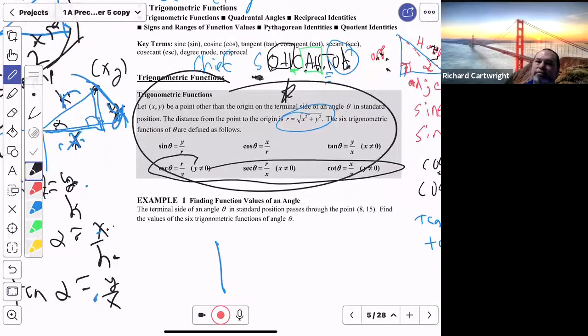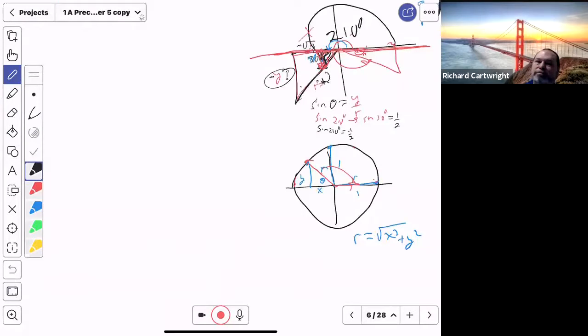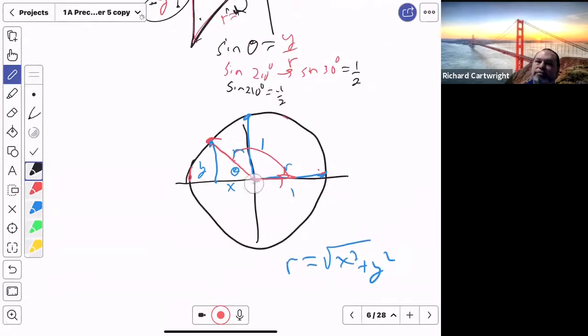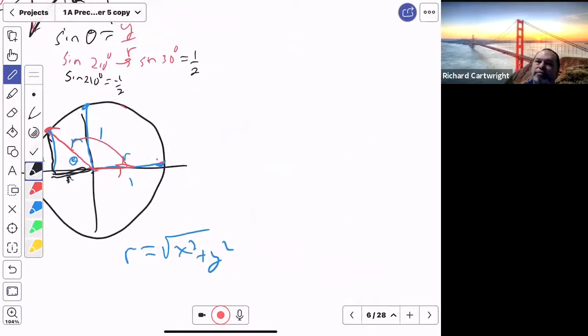So I already went over a little bit of why we're using x's and y's, mainly because you are on a unit circle and you're labeling these distances as x's. In this case, this x will be negative, this y will be positive. But if I'm over here in quadrant 3, just for fun, and this is my r, it's going to be a negative y, a negative number, and this will be a negative number.